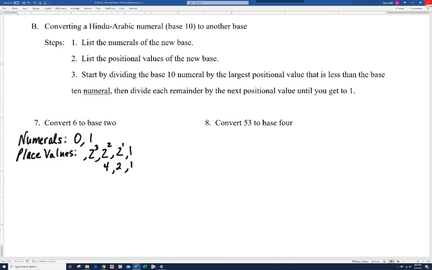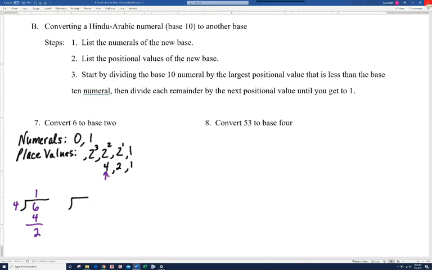Then divide each remainder by the next positional value until you get to 1. So let me show you what I mean by that. We're going to take our 6 and divide by the first positional value that's less than 6. Well, we said that was 4, so we're dividing by 4 here. So 4 goes into 6 once. 1 times 4 is 4, and of course when we subtract we get 2.